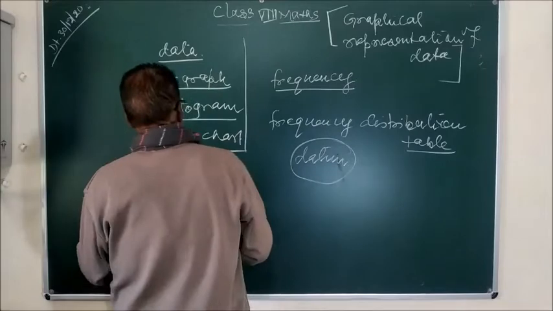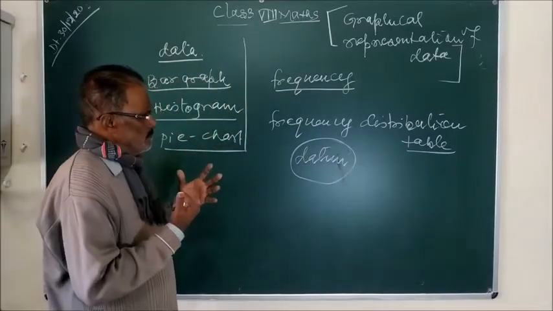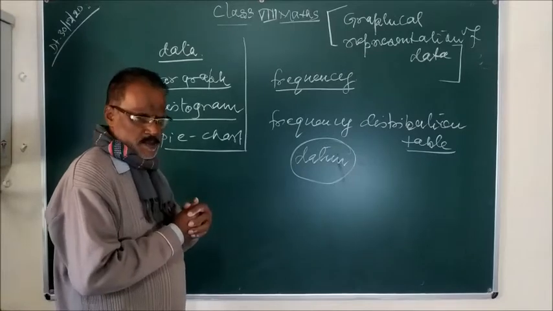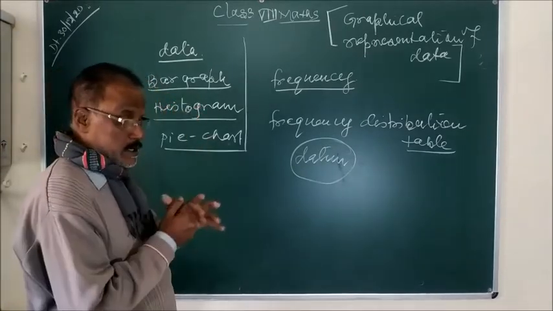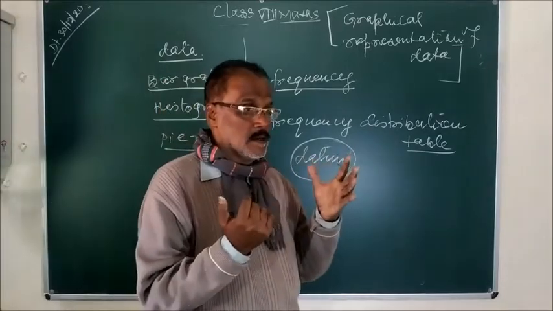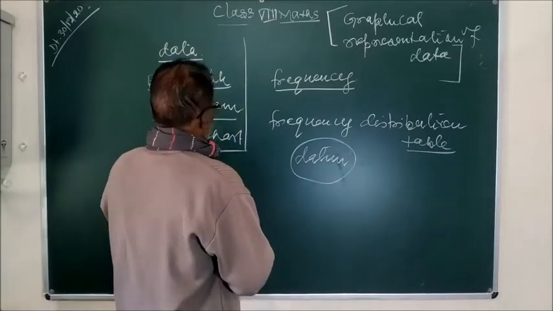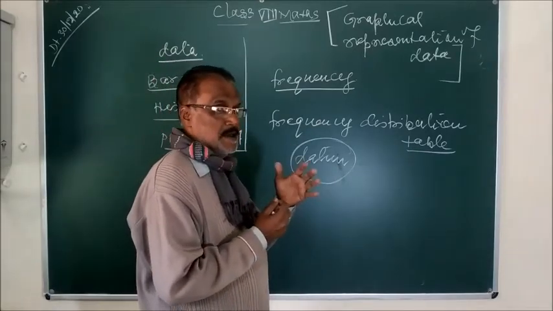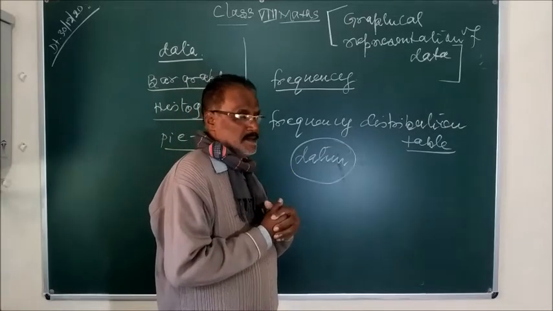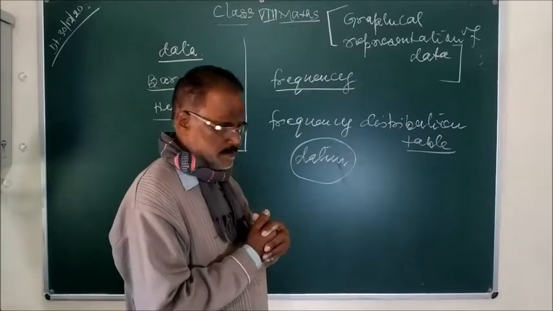How can you represent this data? Various types of methods are used to represent this collection of numerical facts. First, you have seen the frequency distribution table in the previous period. I have explained, and you might have solved the question.